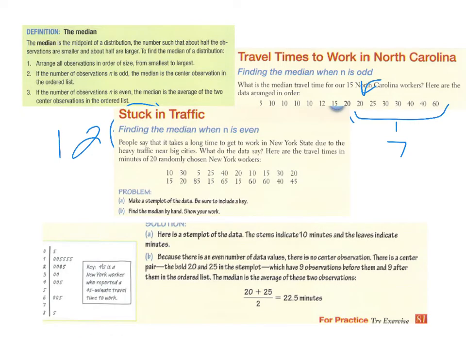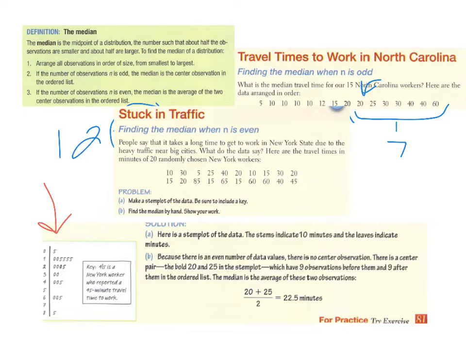Okay, so you can see your stem plot down here. Remember, we made sure to include a key as to what the stem plot means. We didn't split our stem here because we didn't have bunches and bunches of numbers that had one particular stem. And then it asked us to find the median by hand, so not to plug it in our calculator.